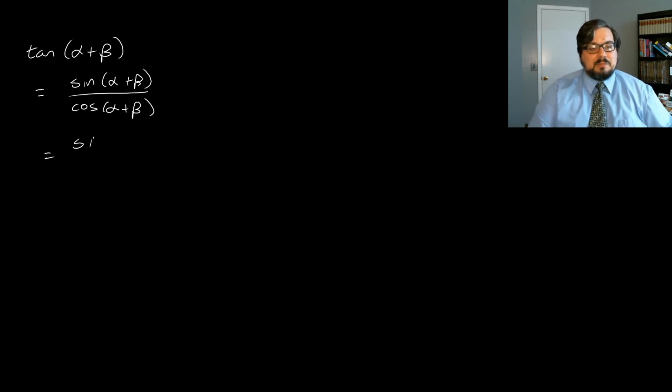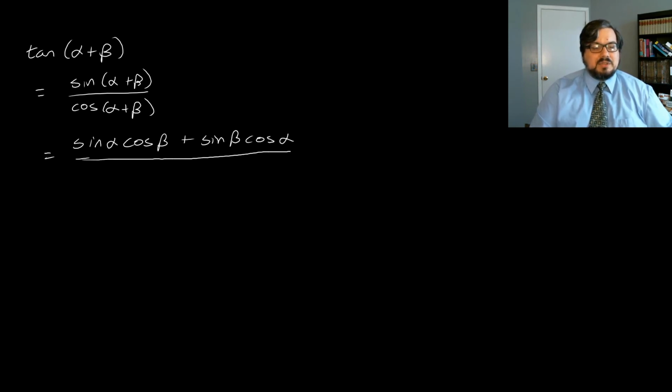Sine of alpha plus beta is sine alpha cosine beta plus sine beta cosine alpha. And then cosine of alpha plus beta is cosine alpha times cosine beta minus sine alpha sine beta.